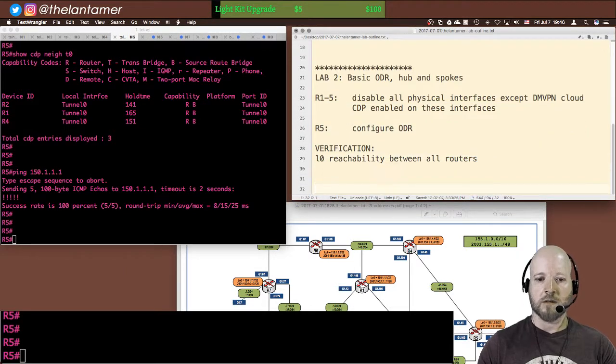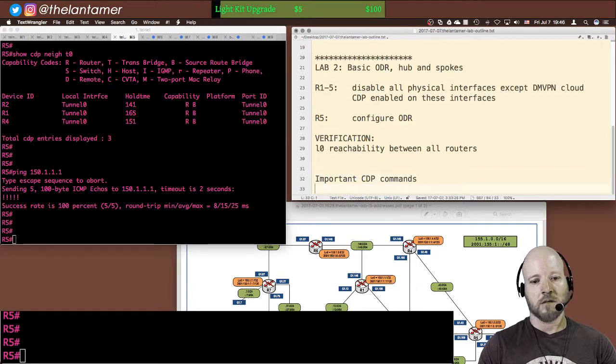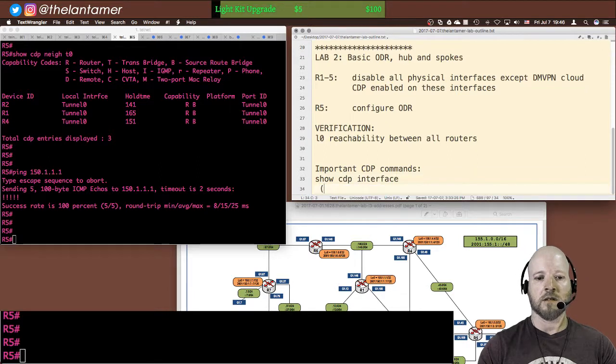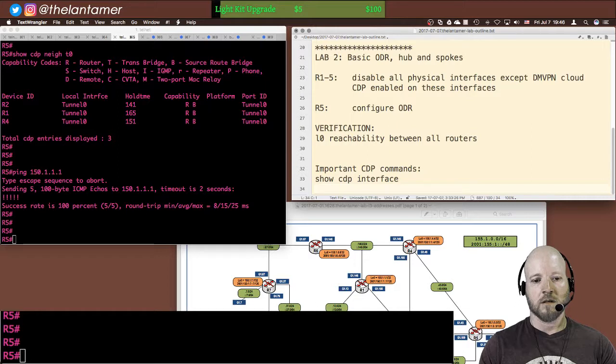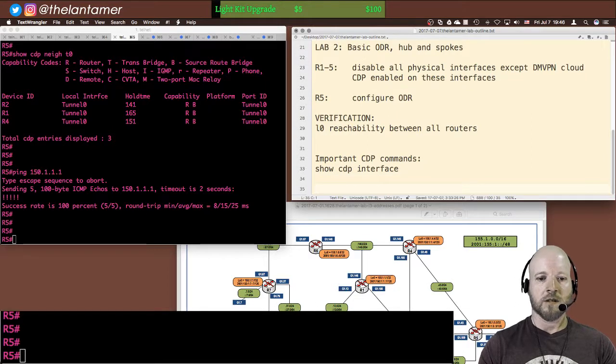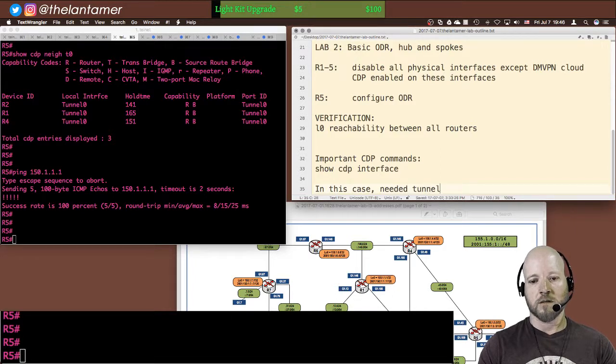So important takeaways, I guess. You could say show CDP interface. So in this case, needed tunnel interface.